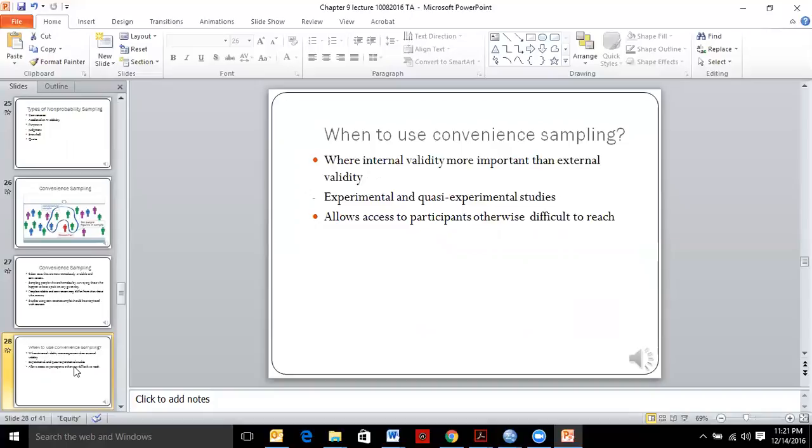And when access to participants is very difficult. So we want a specific population, but if we don't use the immediate convenient sample, it will be very hard to locate them later.